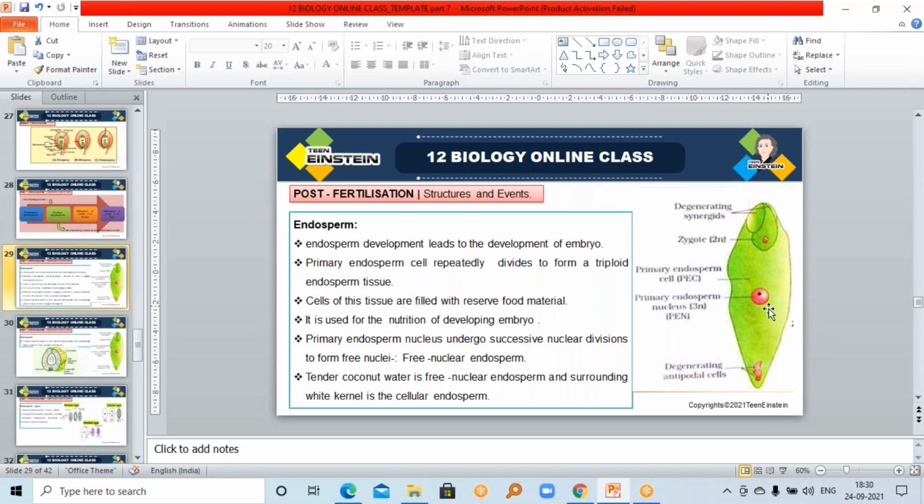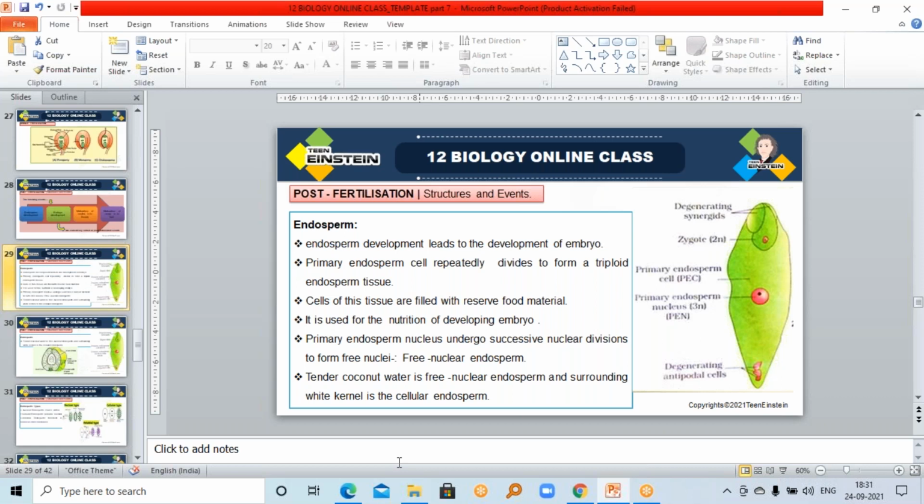Okay, so the endosperm development proceeds to embryo development. Means what? After the formation of the endosperm, zygotic development will start. The development of the embryo will start only after the development of endosperm, because this endosperm serves as a nutrient source, the reserve food material for the embryo.